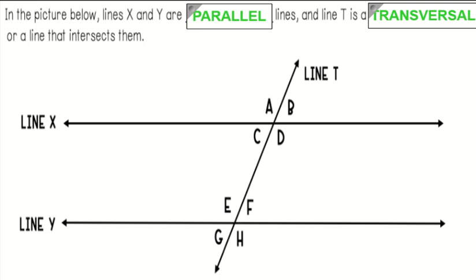When a transversal goes through two parallel lines, it makes 8 different angles. You see them A, B, C, D, E, F, G, H. Just for the next part, you can keep that as a reference. You've got that on your sheet.